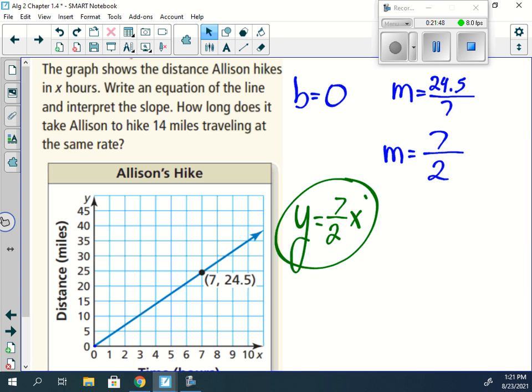We don't want fractions in fractions. We don't want decimals in fractions. They don't go together. We want it entirely as a fraction or entirely as a decimal, one or the other, not both. And again, because the y-intercept is 0, we're just going to have 7/2 x.